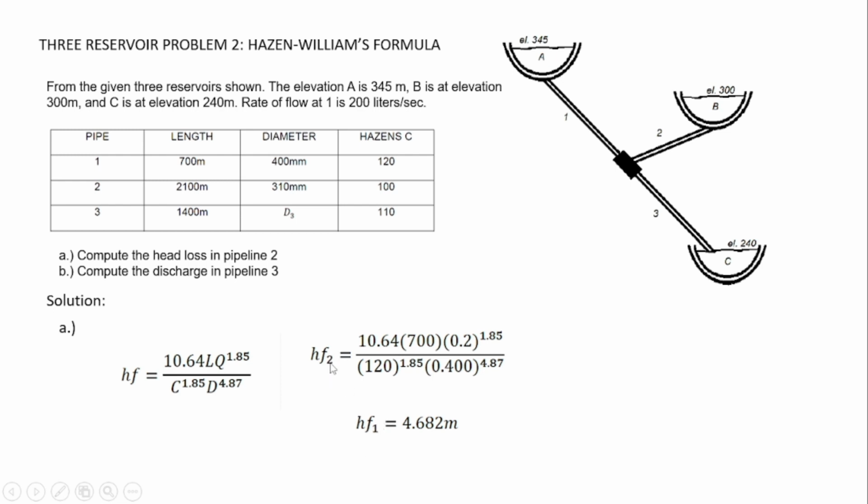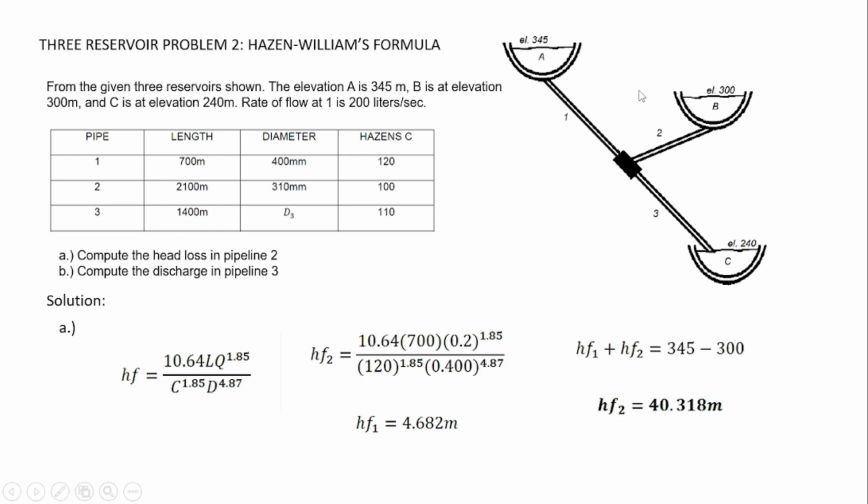So major head loss 1 is equal to 10.64 times length, which is equal to 700, times the discharge, which is 0.2 cubic meter per second raised to 1.85, all over C, which is equal to 120 raised to 1.85, times diameter 400 mm, or 0.4 meters, raised to 4.87. Therefore the value of major head loss 1 is equal to 4.62 meters.